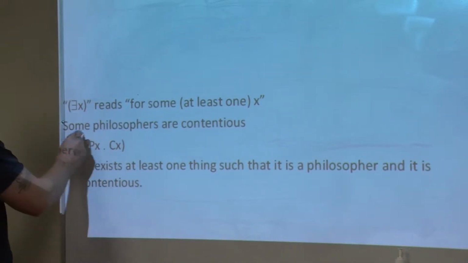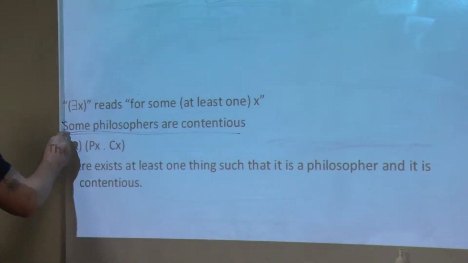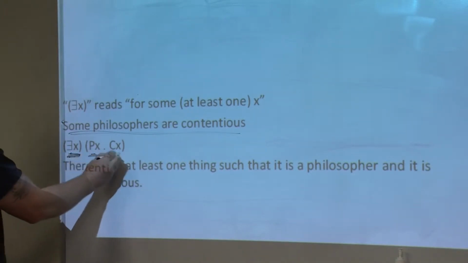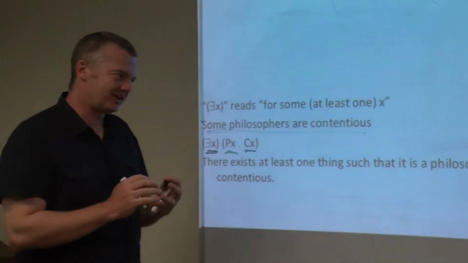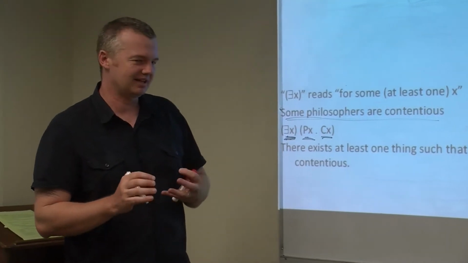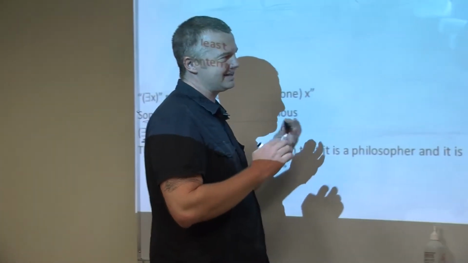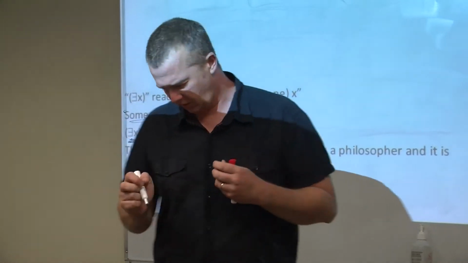Let's say we had a claim, some philosophers are contentious. We could represent this as there is some x, there's at least one x, such that it's a philosopher and it's a contentious thing. So the existential quantifier and the universal quantifier, they're different, but they're interdefinable. So let's talk about the way we would interdefine these two quantifiers.